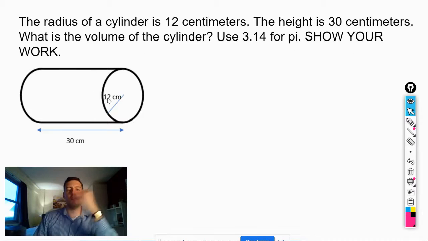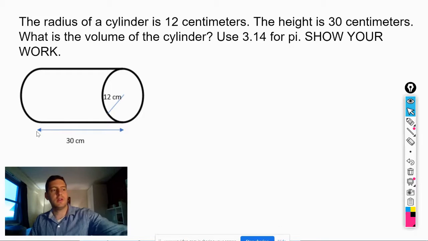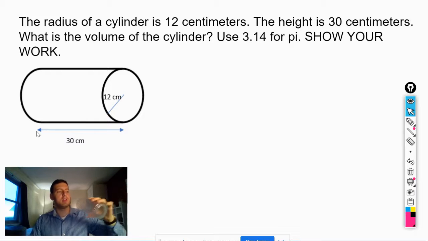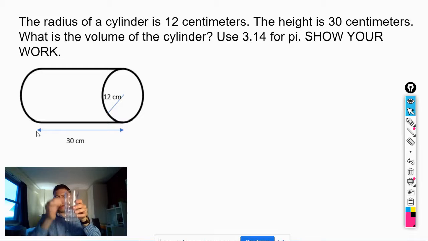Okay, so first of all, it might be a little bit strange to see the height drawn horizontally like this. But remember, the height is always perpendicular to the base. So, I have a glass over here that's like a cylinder. If this is the base of the cylinder, then this would be the height.